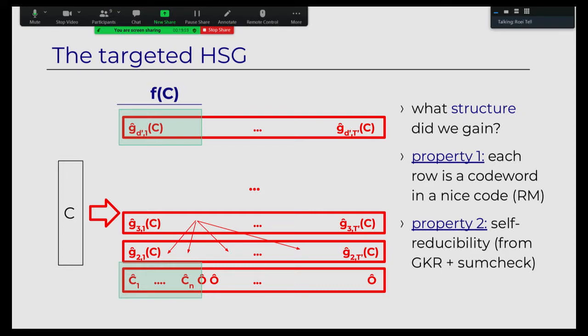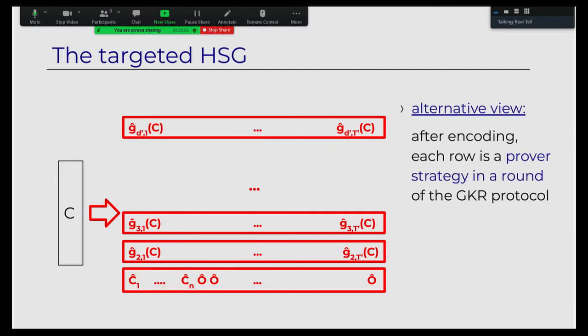And I want to add another comment about what this set of rows is. Because this was one way of describing it, but another way, which is equivalent, is that after this encoding, each row is the prover strategy in a round of the doubly efficient proof system of GKR. So the last row is the last round of the protocol.